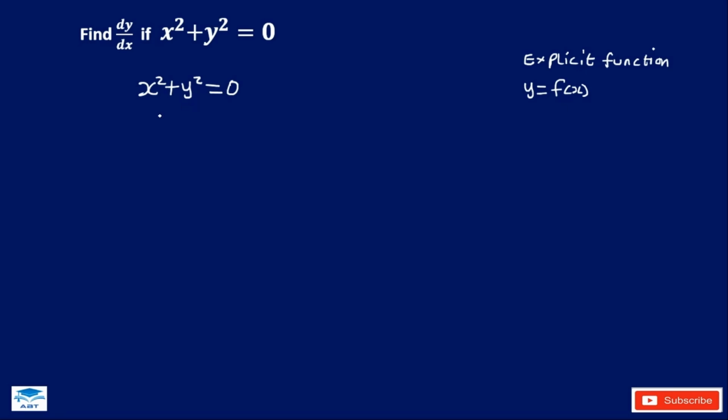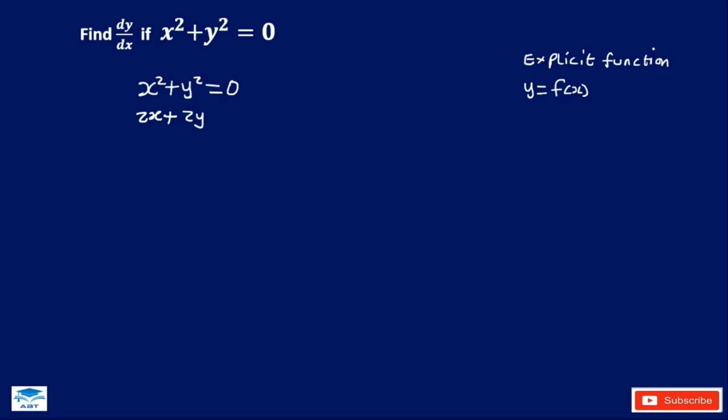To differentiate an implicit function, first of all, differentiate every variable in the function. So we are going to differentiate x squared, which is 2x. We differentiate y squared, which is 2y.